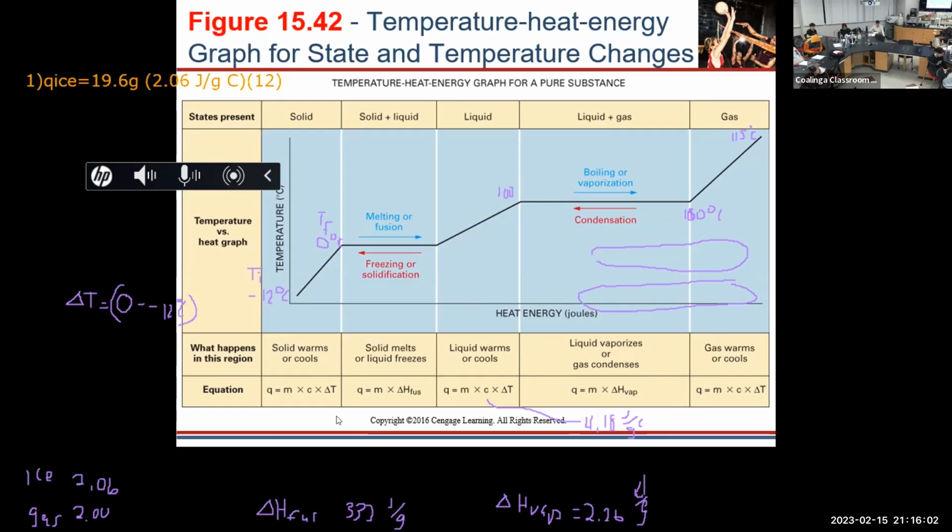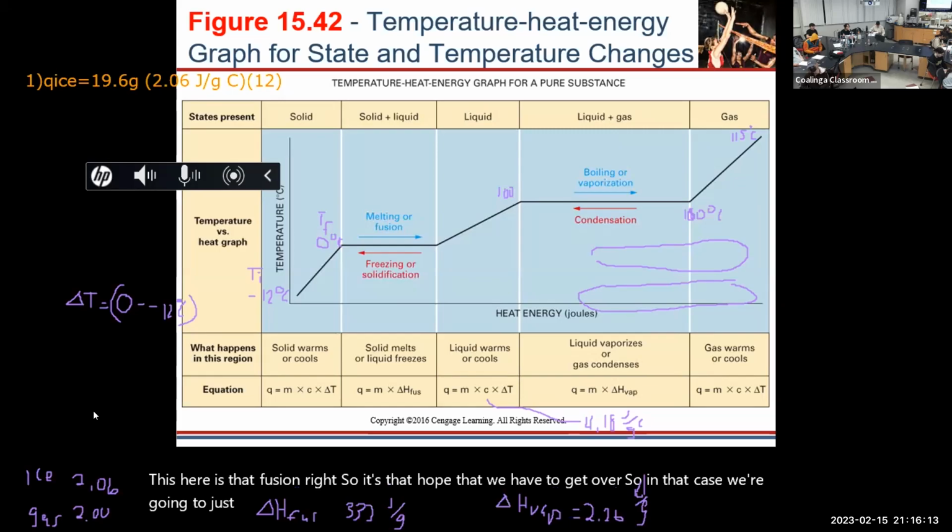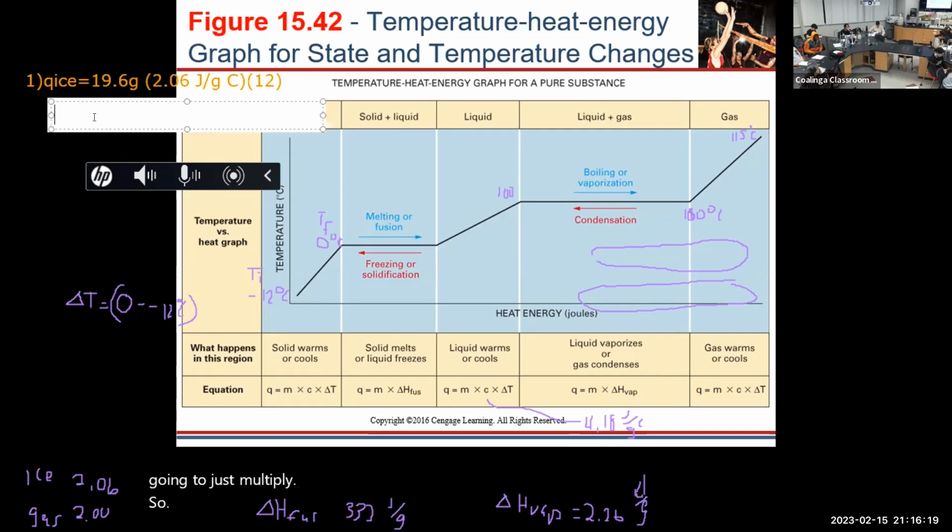And then this here is that fusion, right? So it's that hump that we have to get over. So in that case, we're going to multiply Q fuse, and that's just going to be that 19.6 grams times 333 joules per gram.